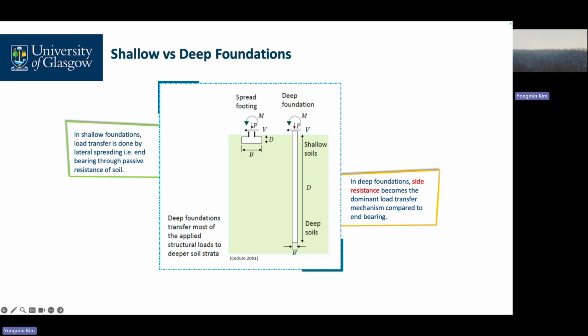So c is the same: cohesion with the clay materials is dominant. And for this one, the depth is very deep, more than 60 meters, 100 meters. In deep foundations, this one is very significant. This second part contributes to our bearing capacity.